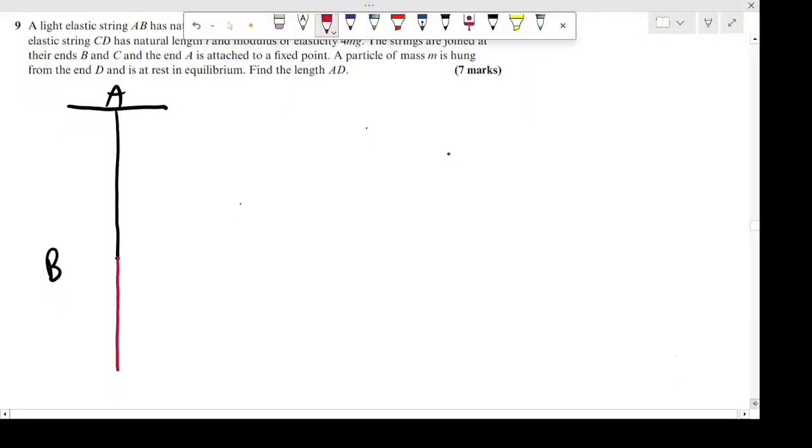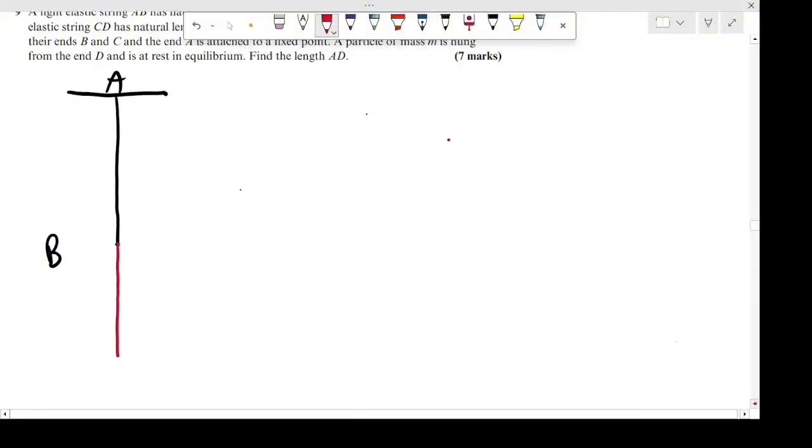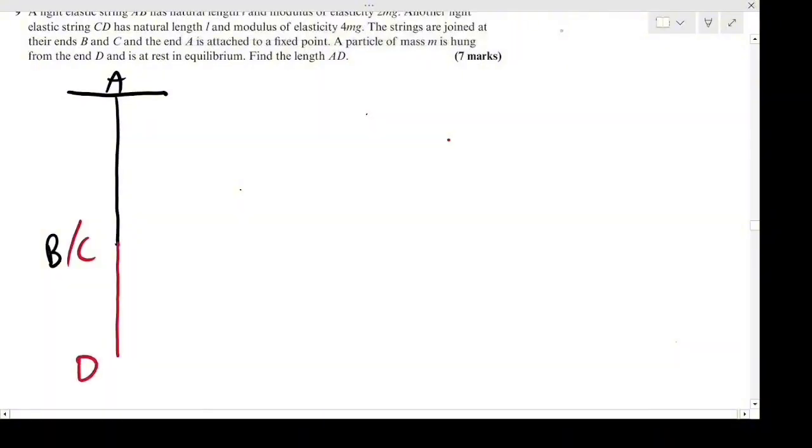And then this string starts at C. So actually B and C are the exact same point. And then the red string goes to the point D. Okay? Hopefully with me here. Then at D, that's where the particle is. Now the particle has a mass M, so the weight pulling it down is mg.